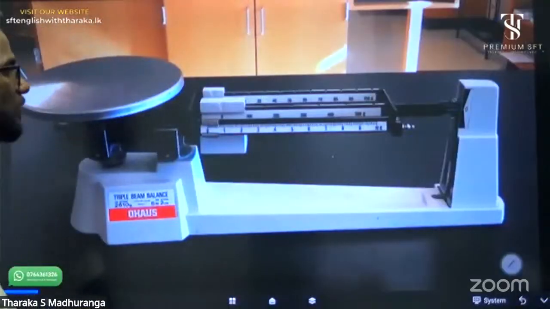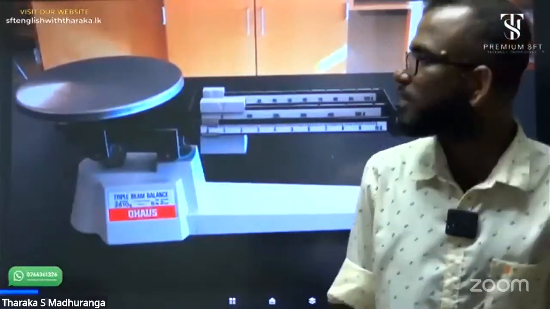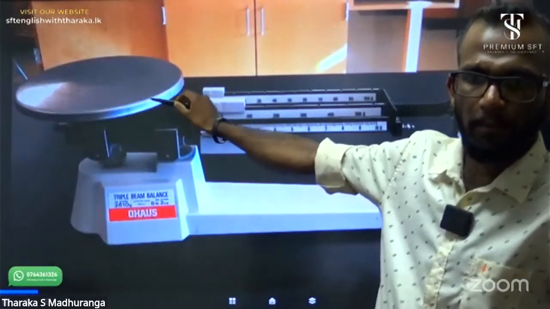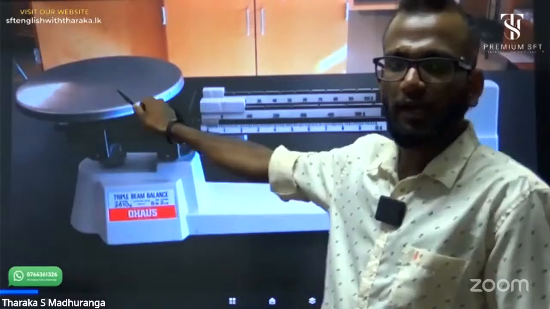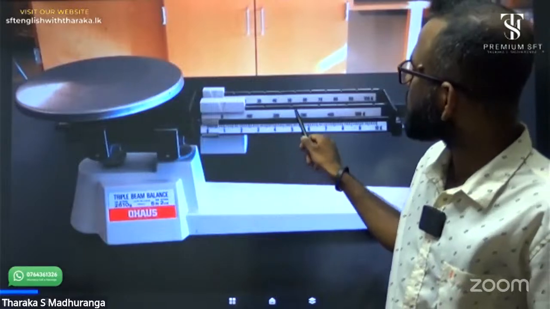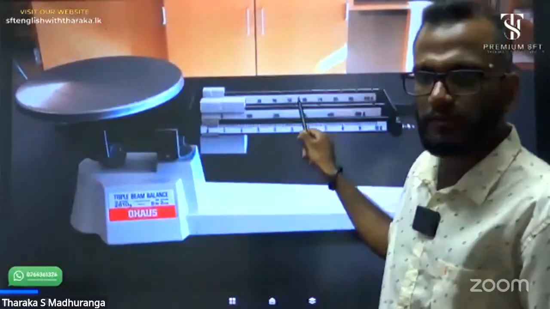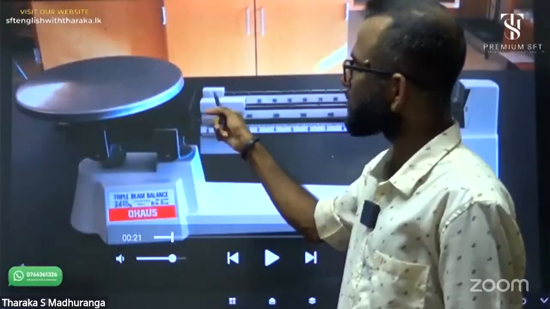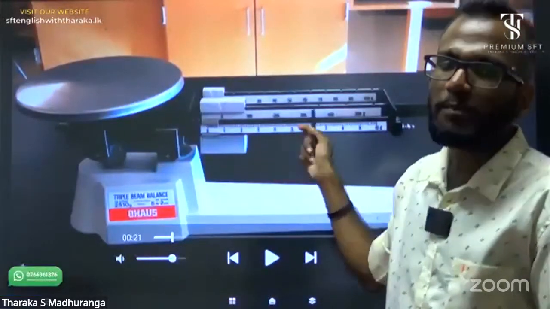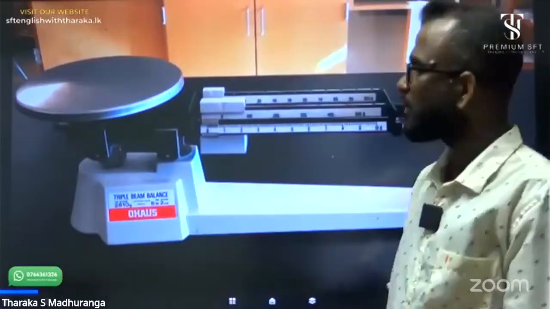Now let's practice these parts of the instrument. What is this? Measuring pan. What are these? They are the riders. These rods are the beams.